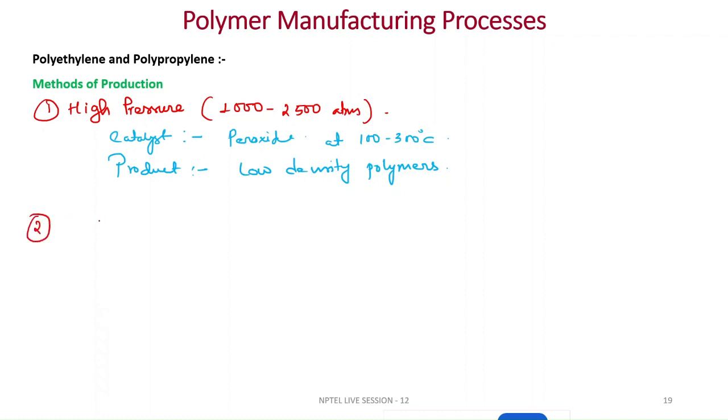So the next process is intermediate pressure, where the pressure is maintained at 30 to 100 atmosphere.